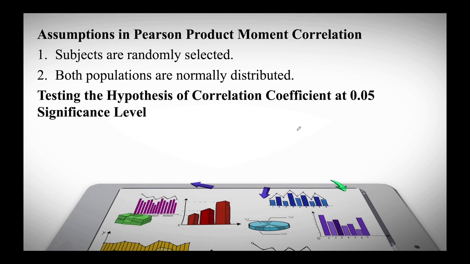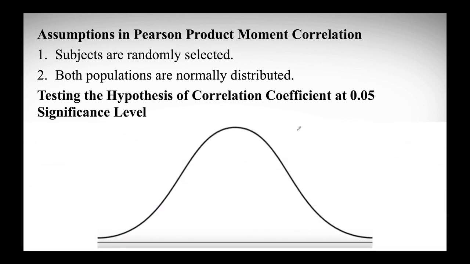For testing the hypothesis of correlation coefficient at 0.05 significance level, we have here the graph. So, basically, ang mangyayari kasi dito guys, sa hypothesis natin, we will be having an equal and not equal sign. Dahil two-tailed ang mangyayari. Kasi tingnan natin kung, is there a relationship? Di ba, ang sagutan lang natin sa in-explain ko kanina, yes or no. So, ano lang yan?